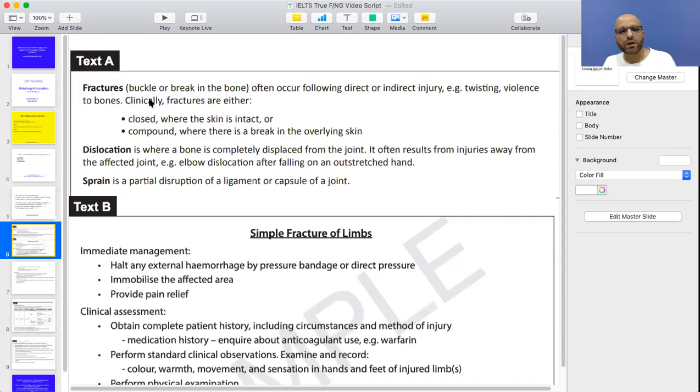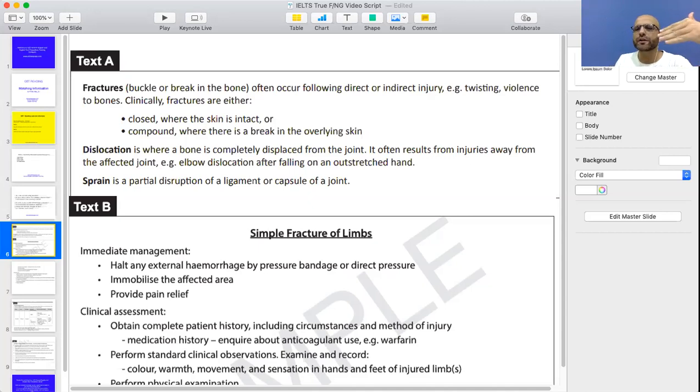Now, here, we are using a skimming strategy, and skimming tells us that we have to get a general view of each paragraph. In this, we also practice a key sentence strategy, in which we learn that the first sentence is an indicator of the remaining content of the paragraph.